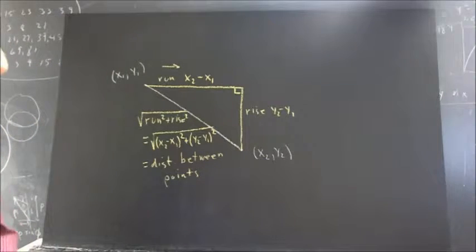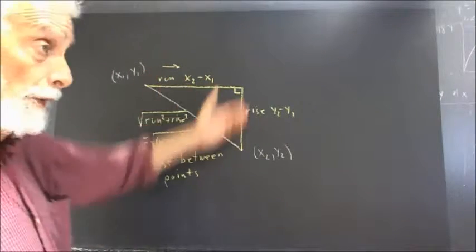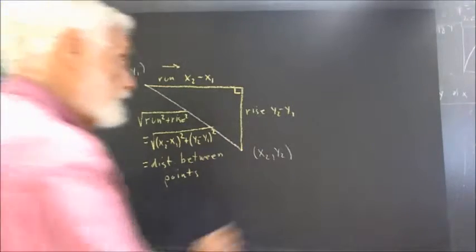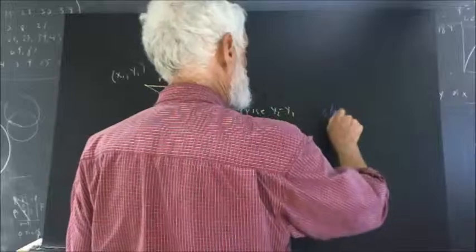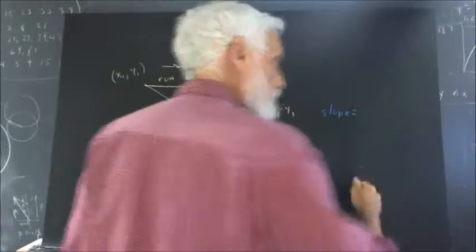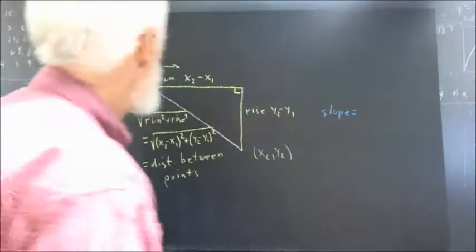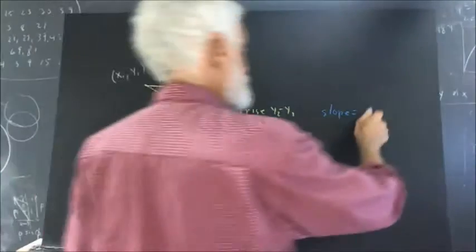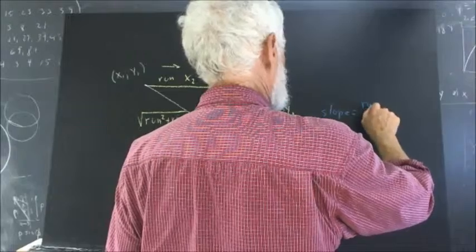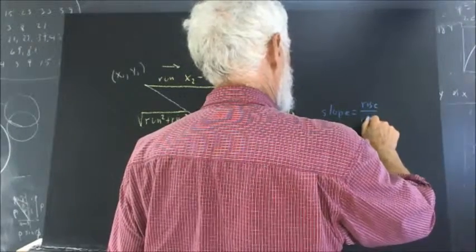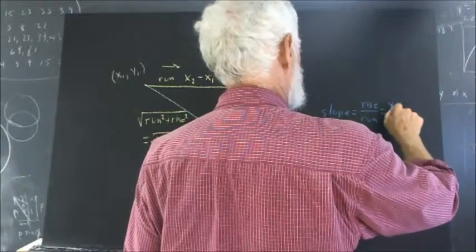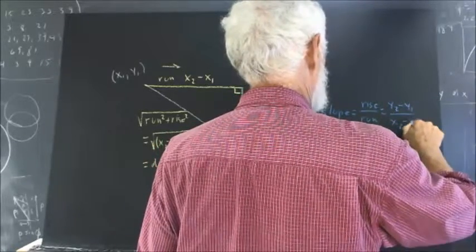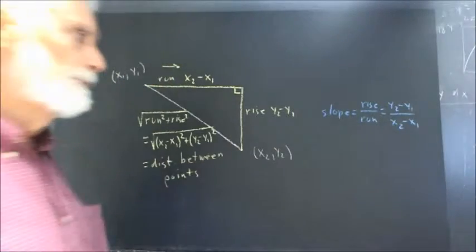Now, if we want the slope of this line segment, we can easily write that down. The slope is what? And write this down yourself again before you watch me do it. Hit the pause button. Slope is rise divided by run, which equals y2 minus y1 over x2 minus x1.